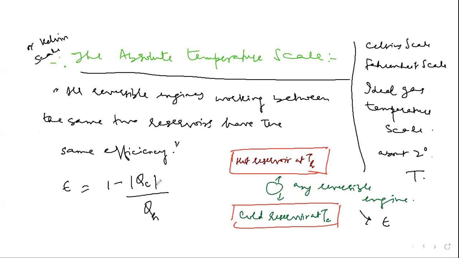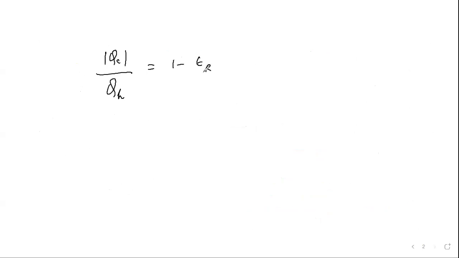This becomes positive, this becomes negative. But one change I have made: I have written the subscript R with epsilon. So here, epsilon R is what? It is the efficiency of a reversible engine.